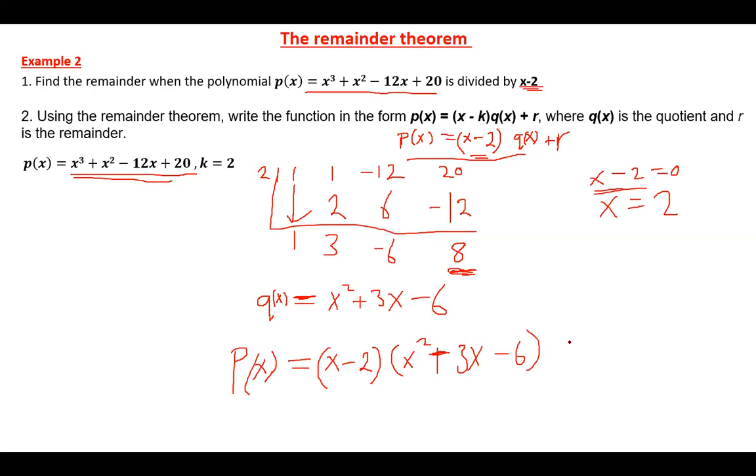You write it like that, and then plus our remainder, 8. Hence, we've written what they wanted. So this is the final answer.